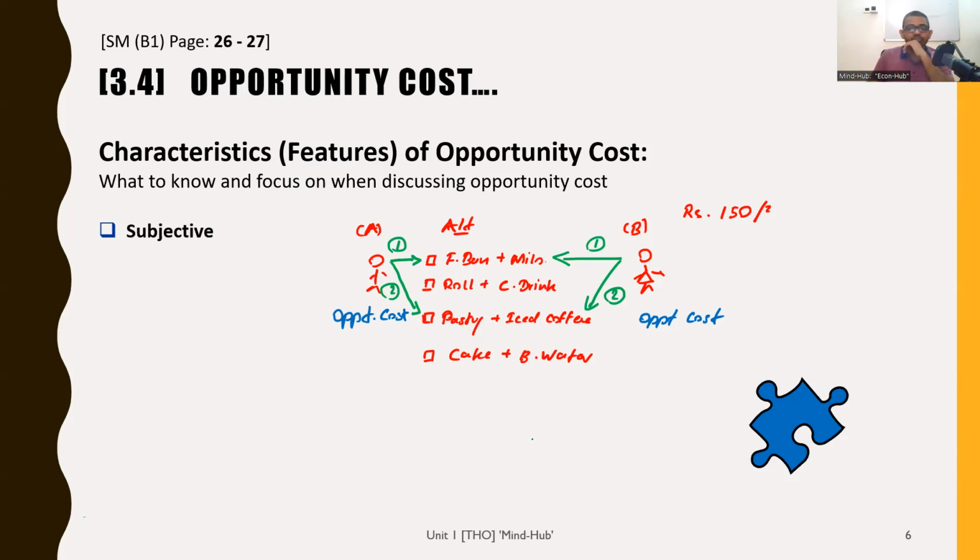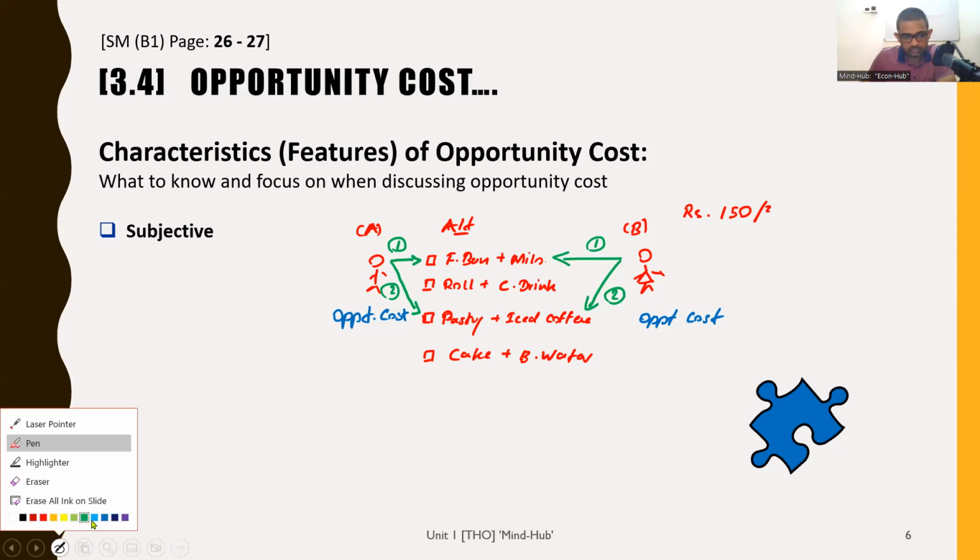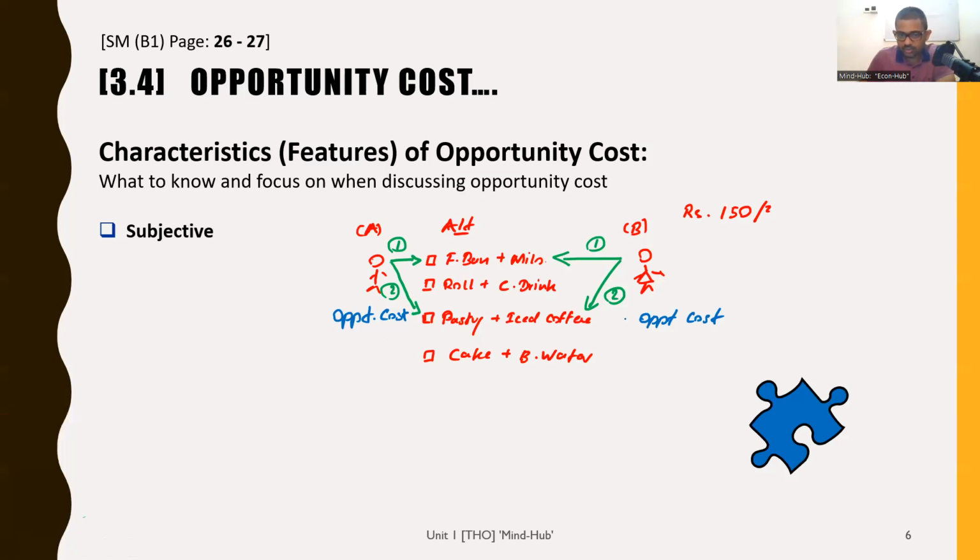Yes or no? Now, still, the argument is this. Even though the opportunity cost, the second best alternatives, are the same, for both the second best alternative is pastry and iced coffee. Still, the value matters.